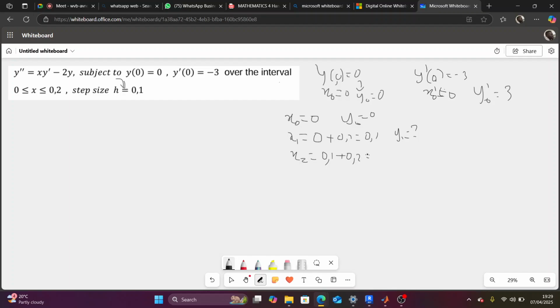That's how you do it, guys. It gives you 0.2, and this side you have y2. Any questions so far, guys? These steps are still the same as the previous one; the only new thing is the derivative. Are we together, guys?